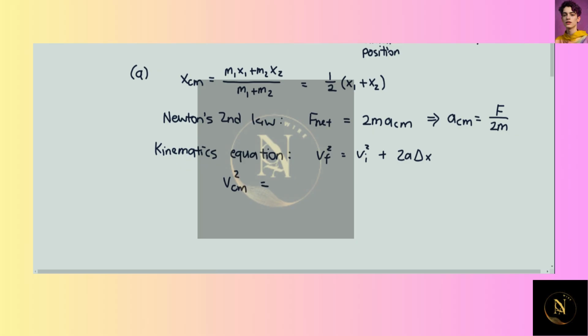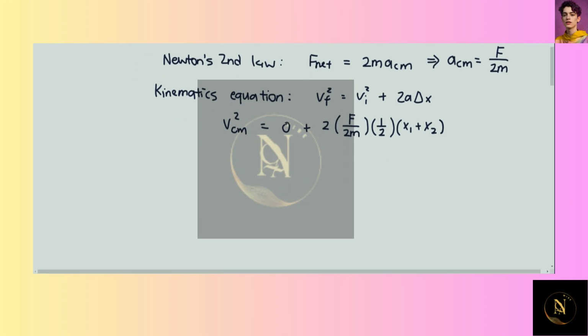VCM squared equals 0 plus 2 times the ACM, which is F over 2m, times delta x, which is half x1 plus x2. Simplifying, we get VCM is equal to the square root of F over 2m times x1 plus x2. So this is the answer for part A.